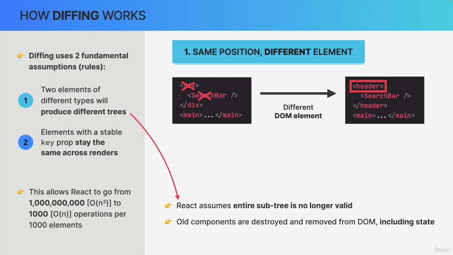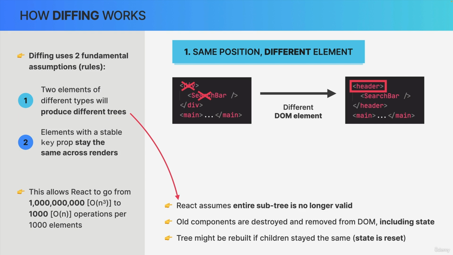So as we see in this example, both the div element and the search bar component will be removed from the DOM and will then be rebuilt as a header with a brand new search bar component instance as a child. So if the child elements stayed the same across renders, the tree will actually get rebuilt, but it gets rebuilt with brand new elements.